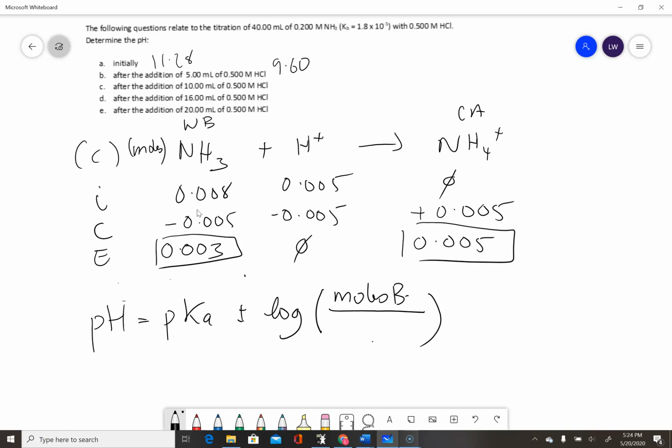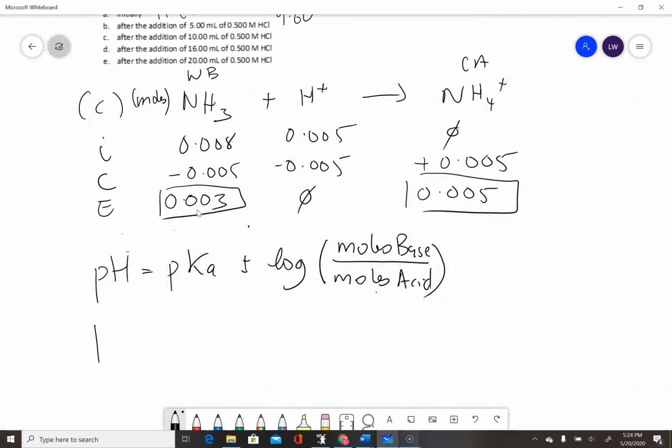And I actually have everything that I need to do this fairly promptly, because I had previously calculated the pKa of my conjugate acid, my ammonium ion. So the pKa of ammonium is equal to 9.255.